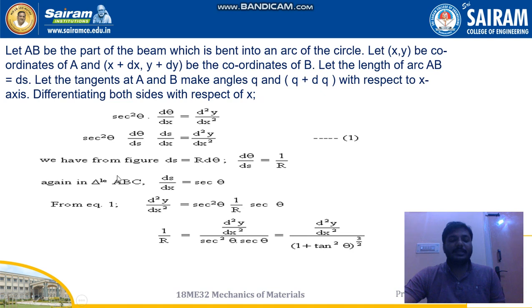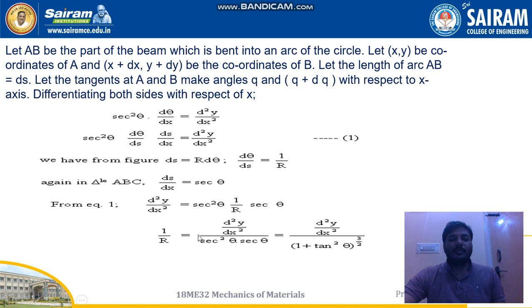From triangle ABC, ds by dx will be equal to secant theta. From equation 1, d square y by dx square will be equal to secant square theta into 1 by r into secant theta.